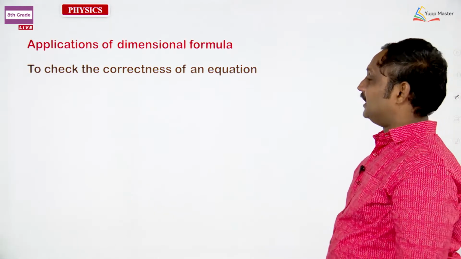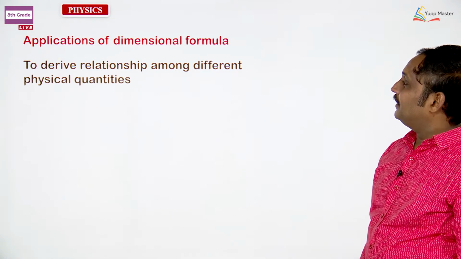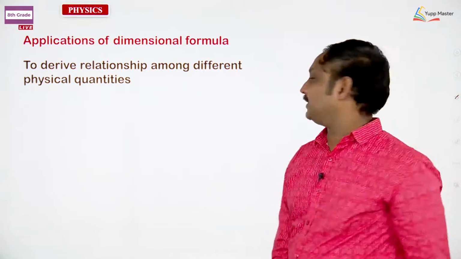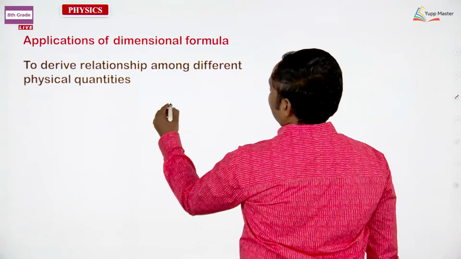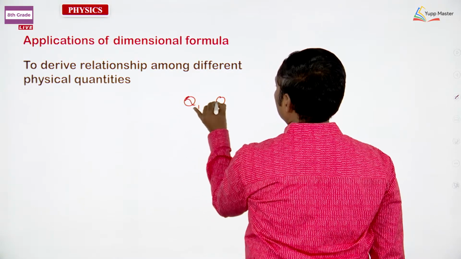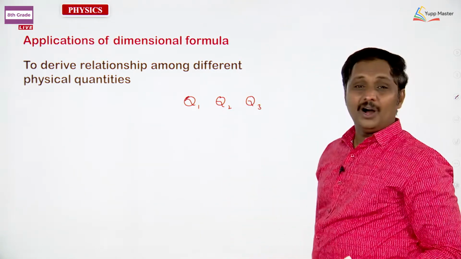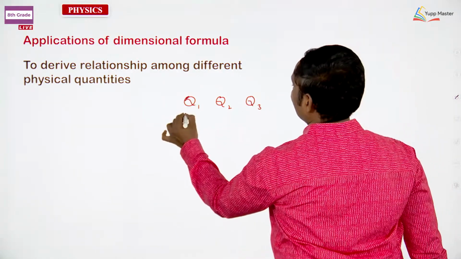We have discussed how to check the correctness of an equation, and also how to derive the relationship among physical quantities. How is it possible? It is very clear. You can take Q1, Q2, Q3. These are the physical quantities. How are they going to be related?